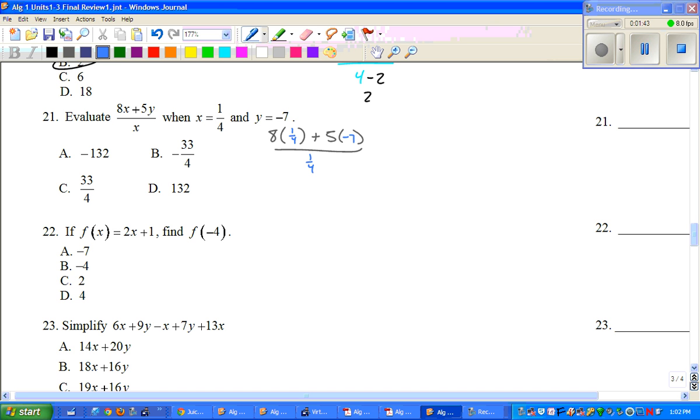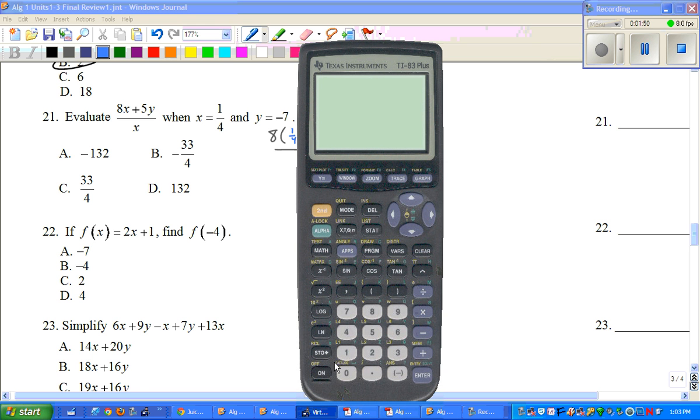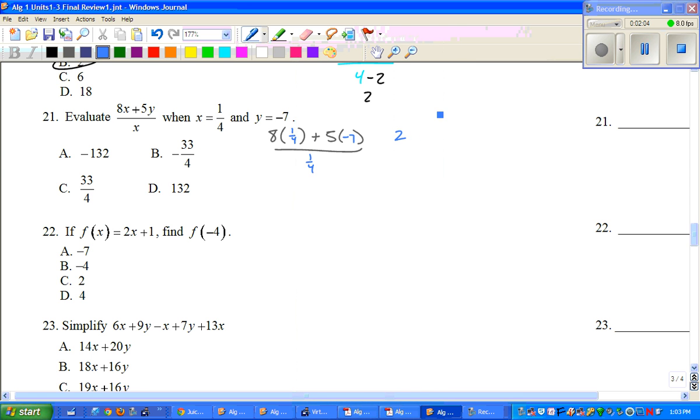Okay, so the first thing that we have to do here is do the top. So 8 times 1/4. If you need to use your calculator, go ahead. You should be doing 8 times 1/4. For mine, I have to do division for that. You should get 2.